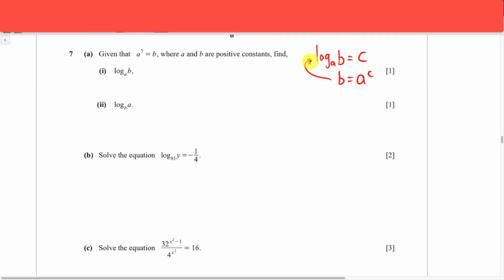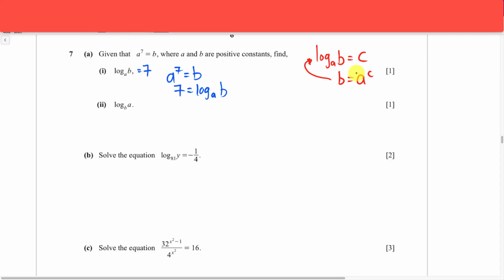Since a to the power of 7 equals b, I can move the base to the other side. It becomes the base of the log, and the 7 drops down to become a number. So log_a b equals 7. The answer for this one is just 7, just 1 mark.